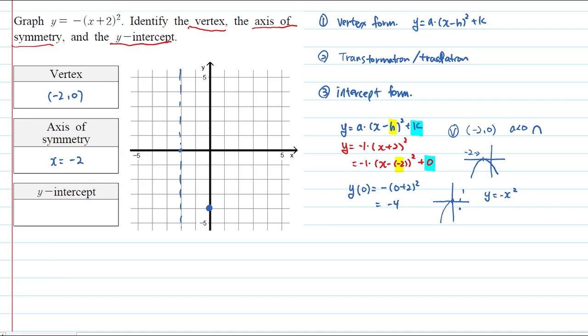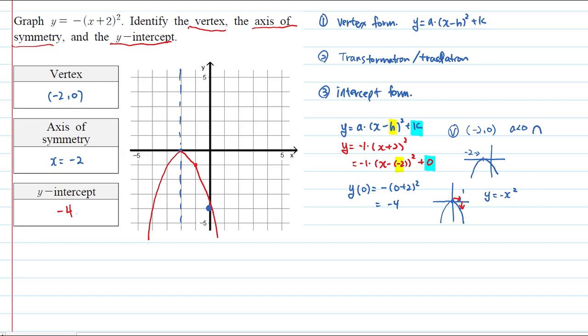You know that the graph will go through this way, meaning when you go to the right by 1, you will go down by 1. So it's also passing through this point. So graphing it, your curve will look like this. The y-intercept will be negative 4.